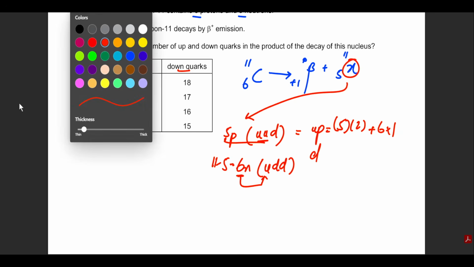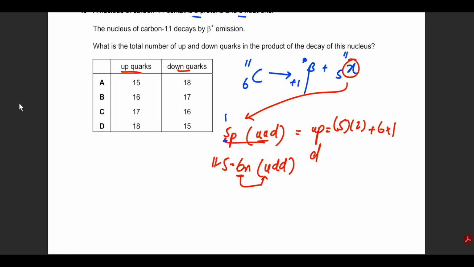All the down quarks should be 5 into 1 plus 6 into 2. So the up quark comes out as 16 and the down quark comes out as 17. This should be option B.